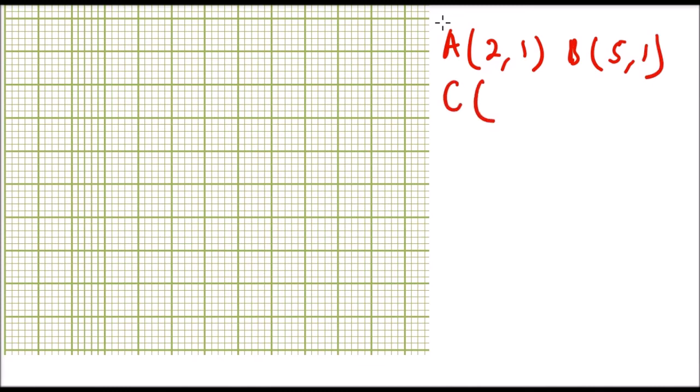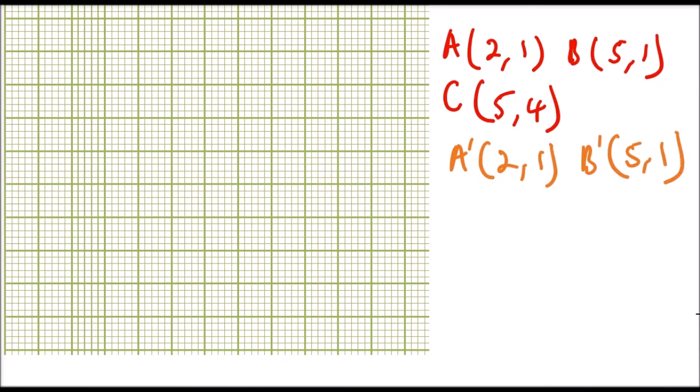So this is the grid that I'm going to use. Our object has A at (2, 1), B at (5, 1), and C at (5, 4). We get our image: A prime is at (2, 1), B prime is at (5, 1), and C prime is at (5, 4).